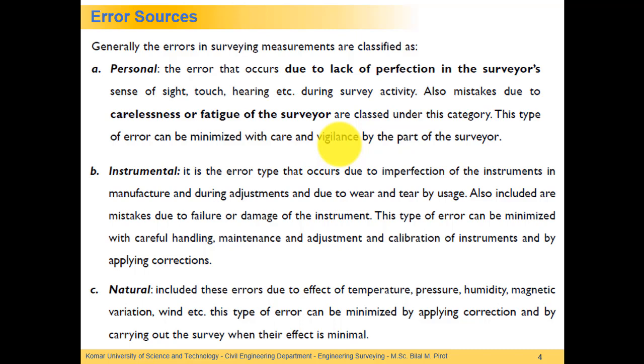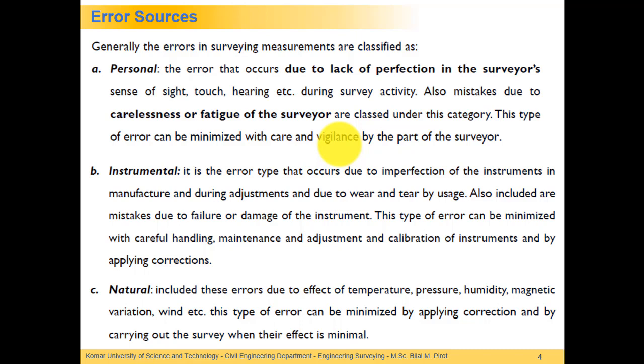So in most of the cases, this can be minimized by the careful handling and maintenance and adjustment or calibration of the instruments. Or in some cases, if you know the source of the error within the instrument, you can take corrections. So you have to be very careful about the instruments. You have to handle the instruments very carefully, and also you have to conduct maintenance procedures every 2 or 3 months, so as to be sure about the perfection of the instrument.